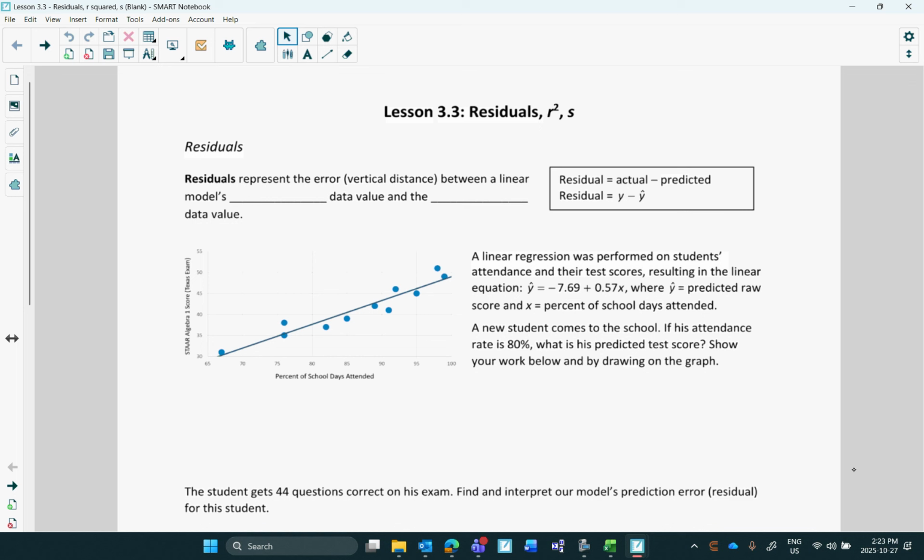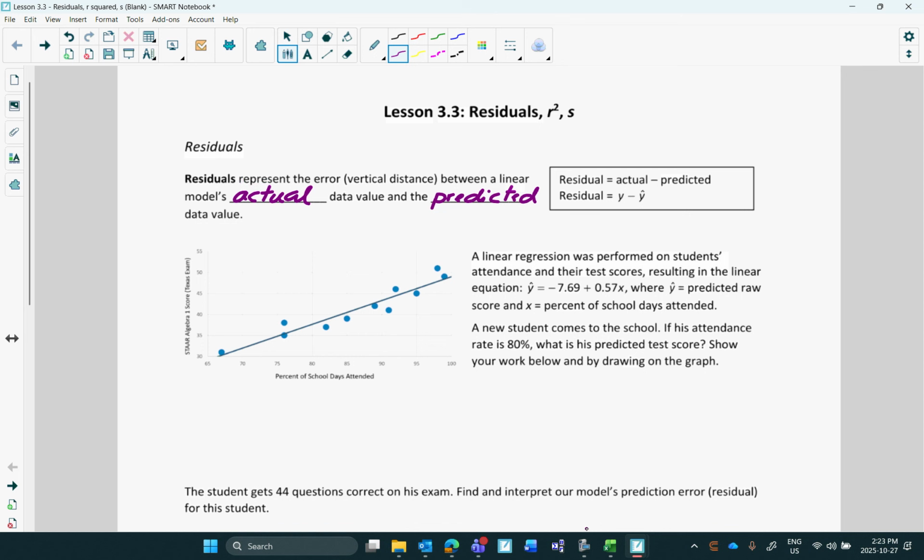If you remember from last class, a residual represents the vertical distance between a linear model's actual data value and the data value that is predicted by the least squares regression line equation. Make sure you do it in the right order.